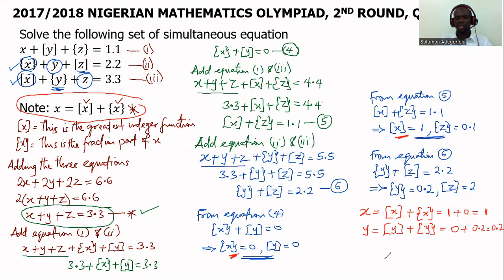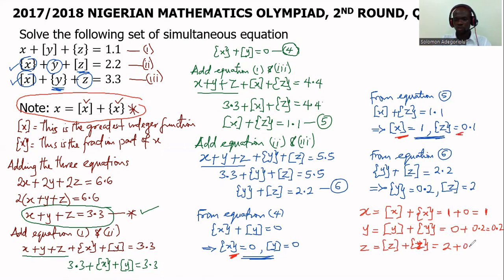And the last one here, which is z. We do the same thing. This is z, the greatest integer of z plus the fraction part of z. What is the greatest integer of z? For z, we have 2 here. Then plus the fraction part of z, which is 0.1.